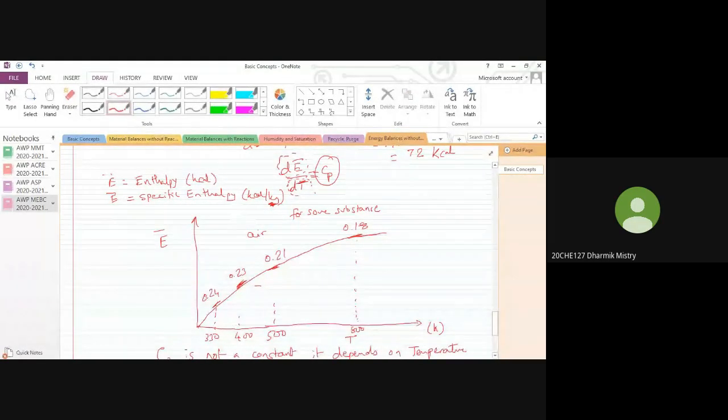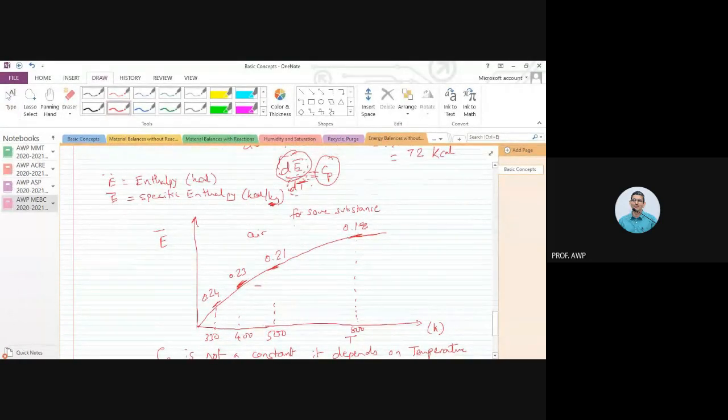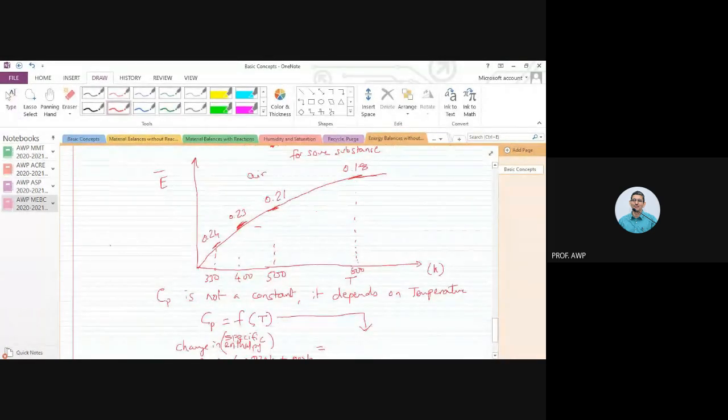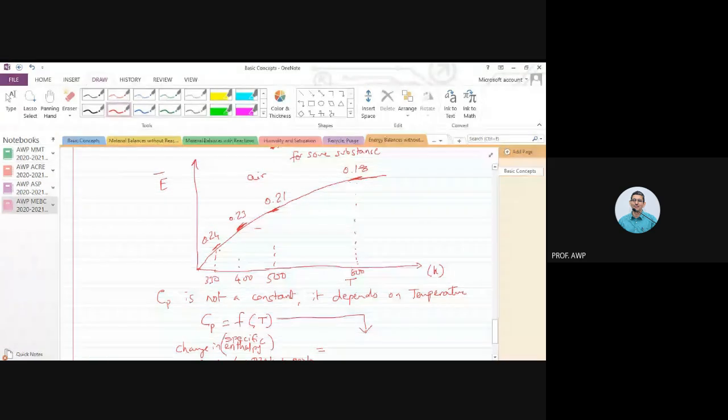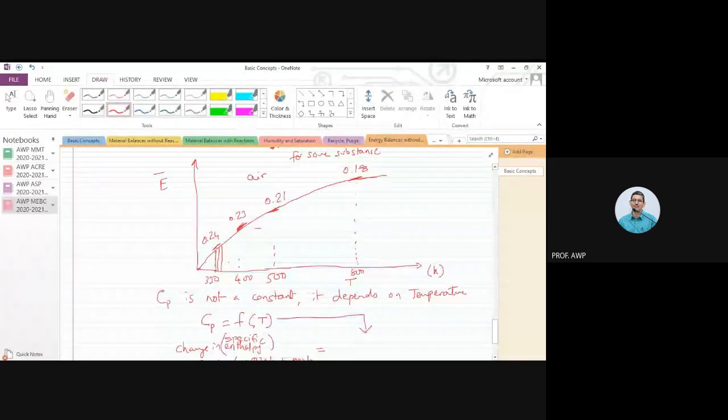So, integration, right. So I will take small intervals of temperature. From 330 Kelvin, I will take 1 Kelvin change: 330 to 331, 331 to 332, 332 to 333, 333 to 334.